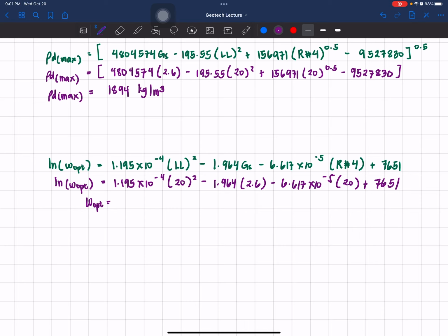Let me show it. ln of W opt is equal to 2.591. Taking the anti-logarithm, we now have W opt equals 13.35%. So these are now the answers.